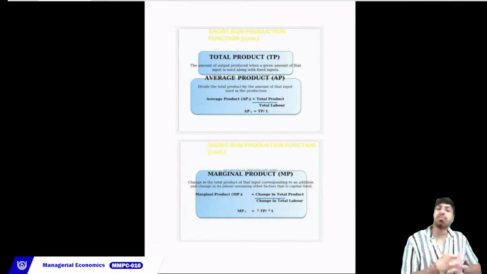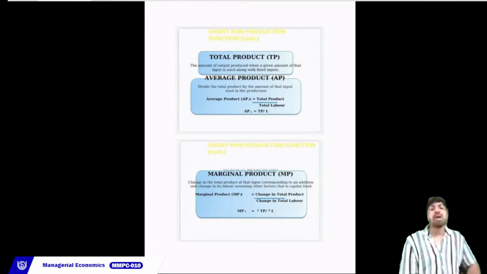Marginal product refers to a change in total product by change in total labor. Labor is one of the major variable inputs, or factors of production, in the short run, while capital remains fixed.